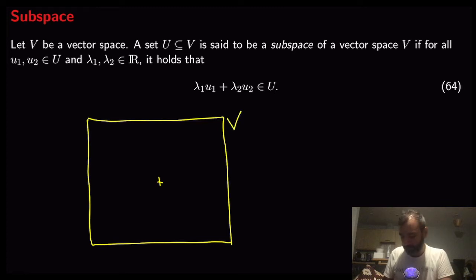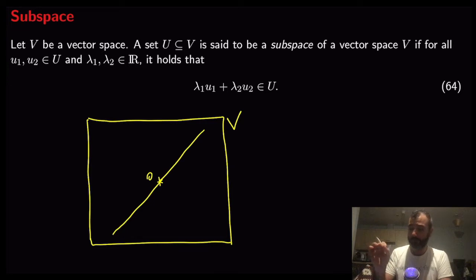Here is 0. A subspace looks like a line in a 2-dimensional space. Or in a 3-dimensional space, a subspace can be a line that runs through 0, it must run through 0, or it can be a flat surface that goes through 0.